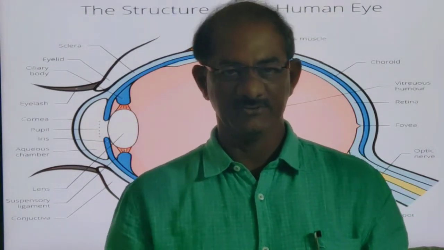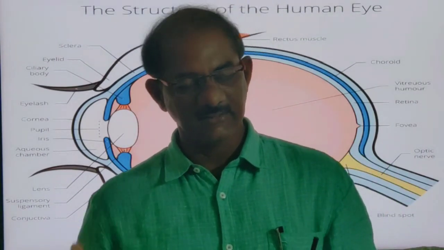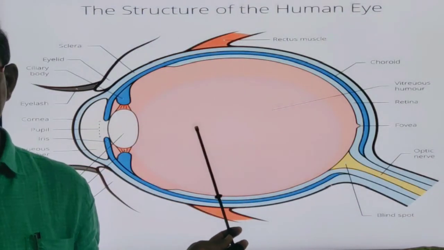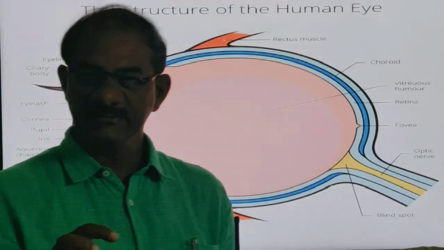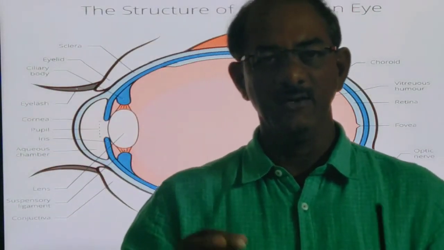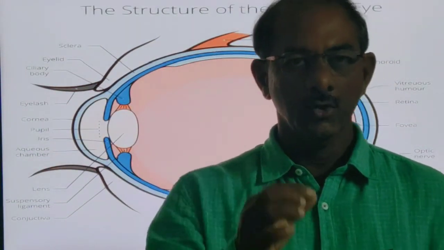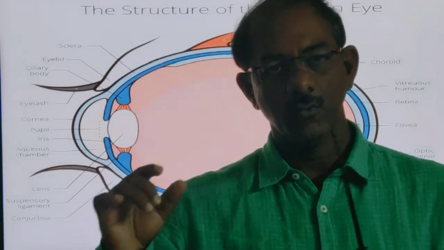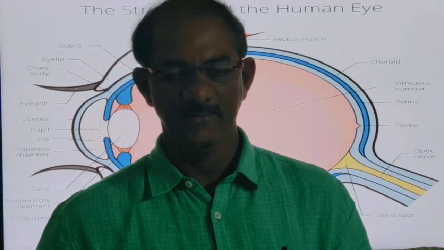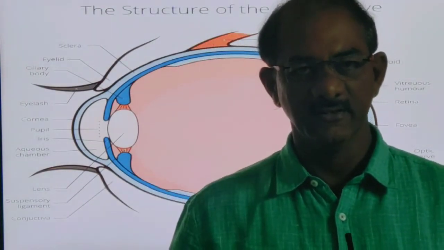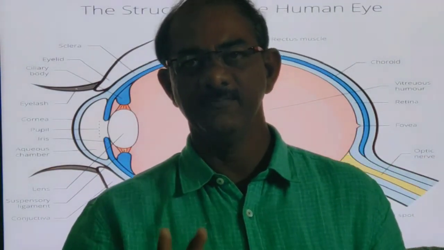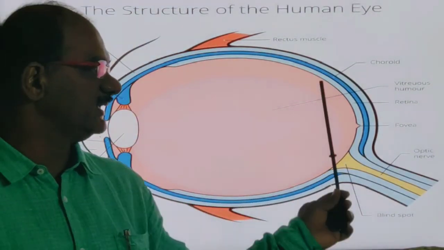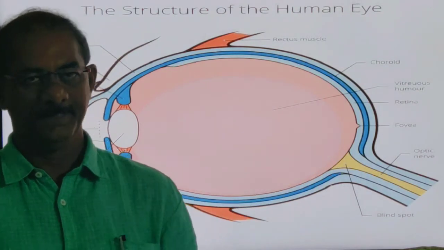This is the main function. The cone cell also plays an important role in color vision, and the rod cell is responsible for black and white images. Cone cells are responsible for color vision because three different types of pigments are present in them, and both cells are present in this retina.